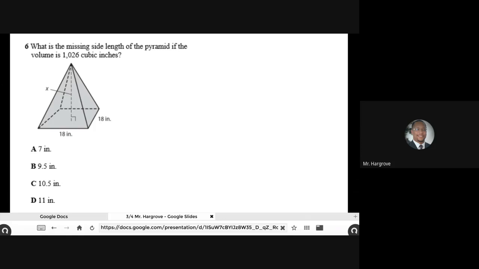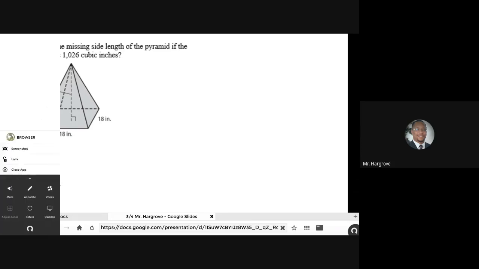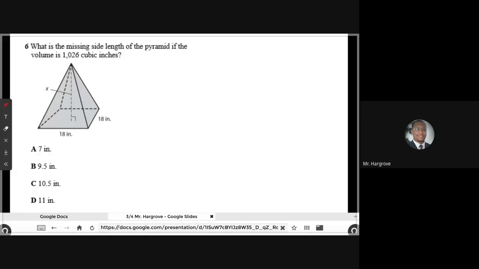And the question reads, what is the missing side length of the pyramid if the volume is 1,026 cubic inches? If you look at this question, they've given you what the volume is right here.